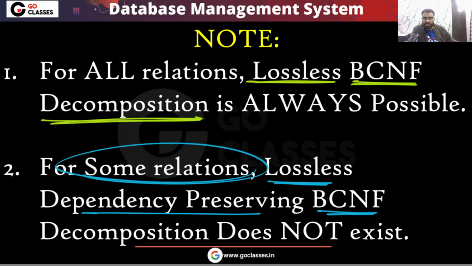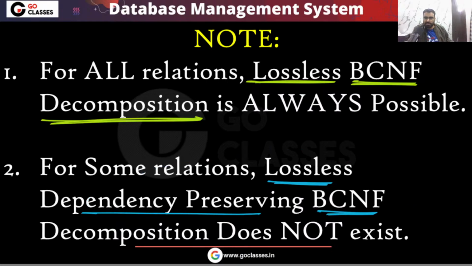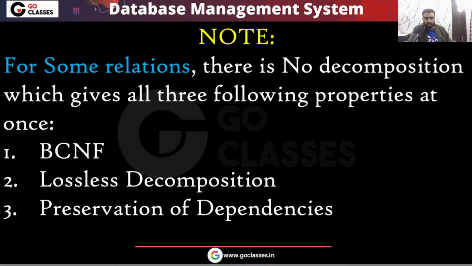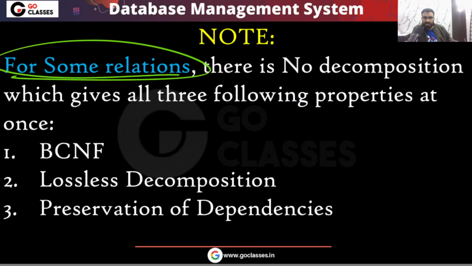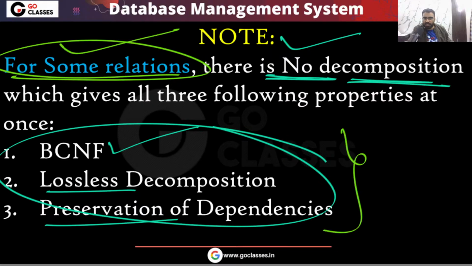There are some relations for which there is no decomposition which will give you all three properties: BCNF, lossless, and dependency preservation, simultaneously. I hope you understood.